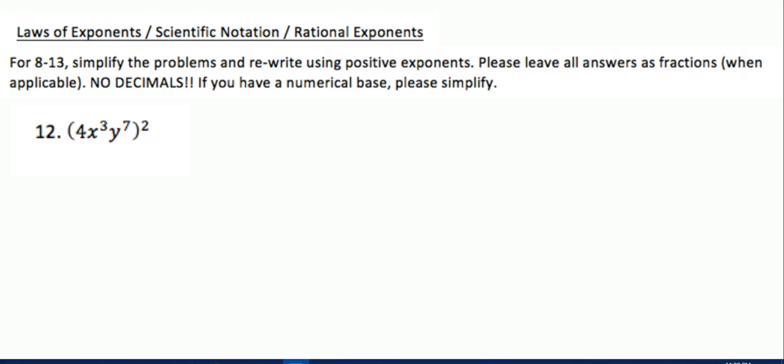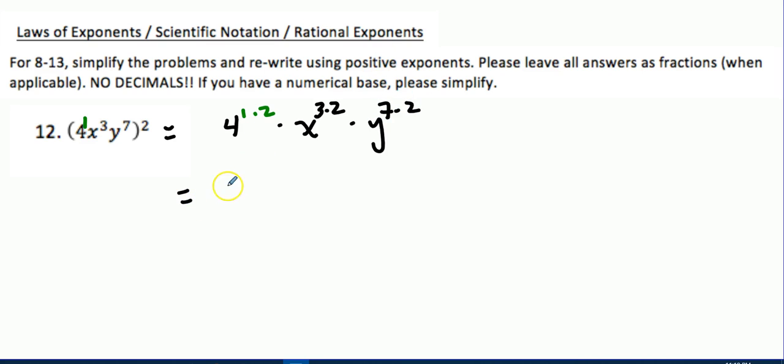Number 12, this is again another one of those properties. Whoever made this review, Mr. Lycan, did not do a very good job with variety here. But we have, I'm going to put a little 1 here because that's important. So the 1 times 2. So this is all power to a power again. 3 times 2 and times y to the 7 times 2.